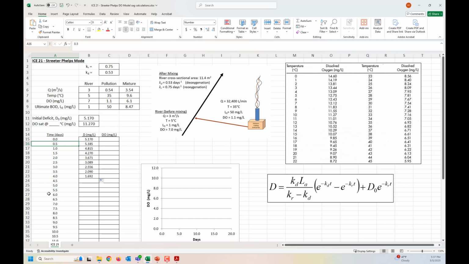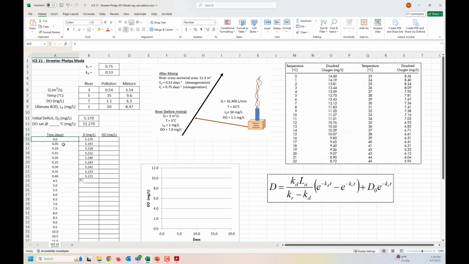And so maybe I'll do 0.05 and 0.1. And let me have it show by increasing the number of digits that are visible. All right. Okay, so the deficit grows and then it begins to recover. Maybe I even want to do it in smaller increments.